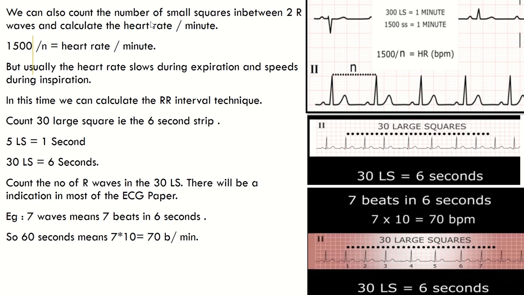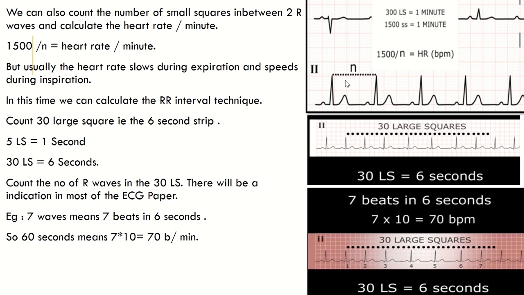We can also count the number of small squares between two R waves and calculate the heart rate per minute. As you know, in one big square there are 5 small squares.